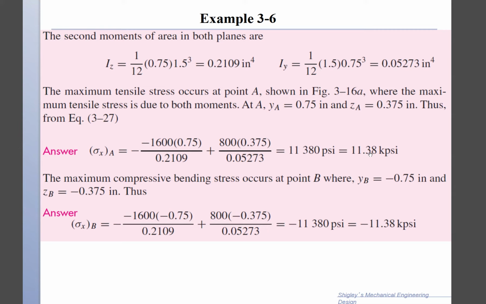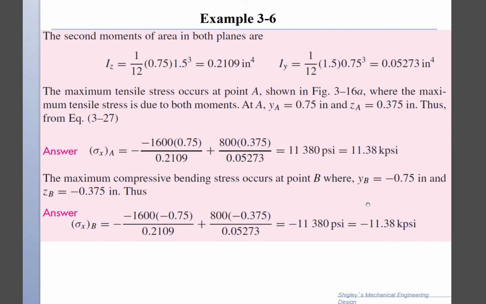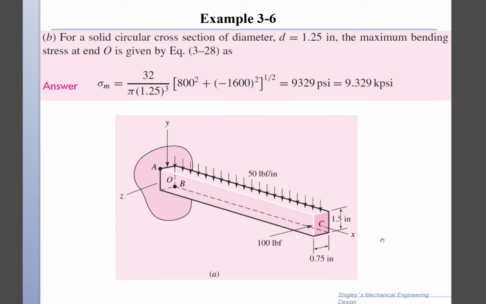and I get the total value of the stress at point A, which is the top. The compressive stress would occur at point B. Point B is the compression, point A is the tension, and these are the extremes on the diagonal where you have the extreme stress, because they are the farthest points from the centroid. We get a negative value for compression, minus 11.38, exactly the same as the tension, because the beam is symmetric.